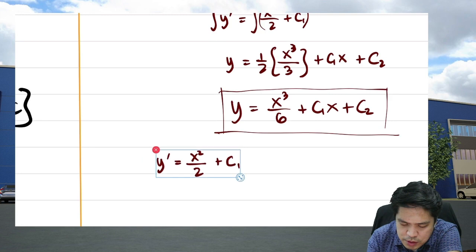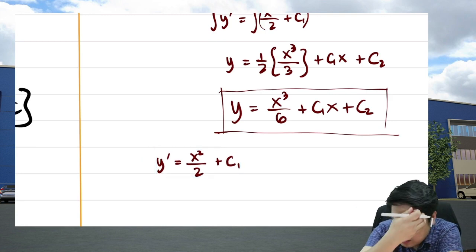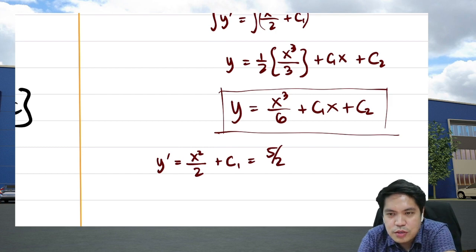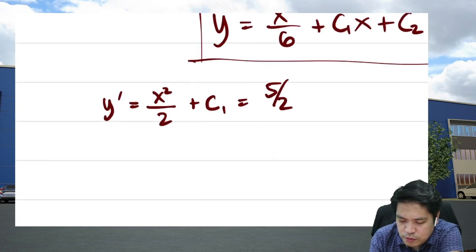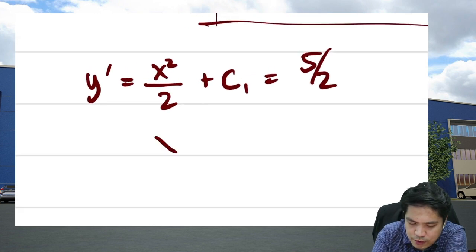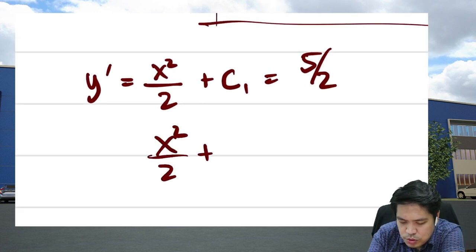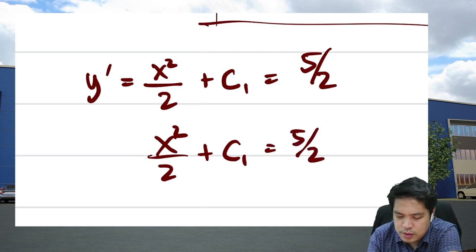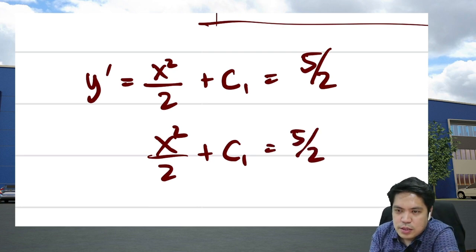So let me paste that here, which is equal to 5 halves. Yun yung given. Diba? y prime is equal to 5 halves because the slope is 5 halves. Ganon. So we have x squared over 2 plus c1 equal to 5 halves. Okay?